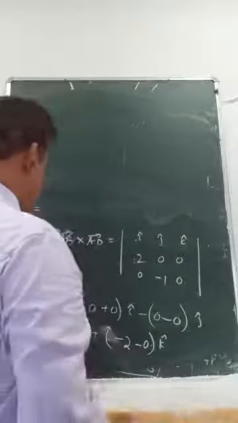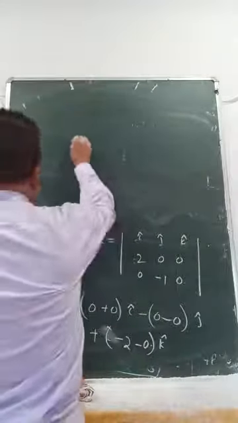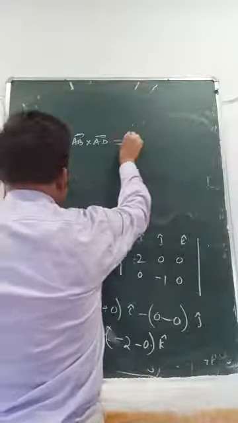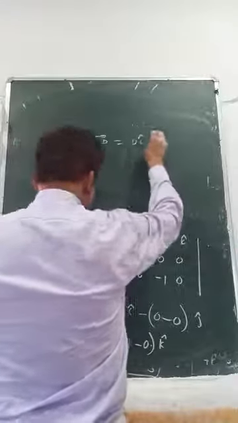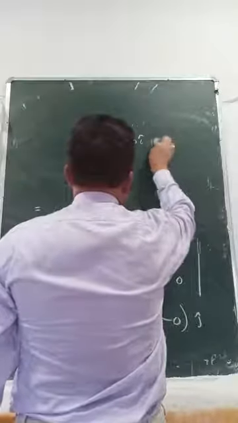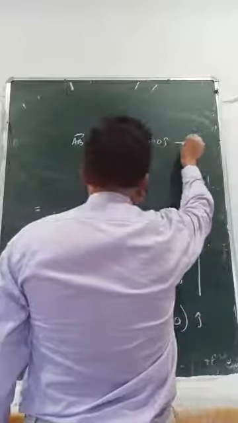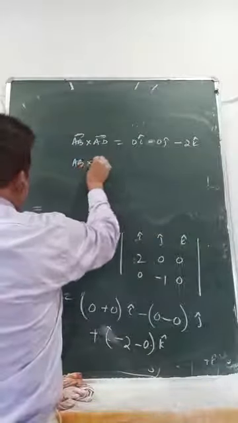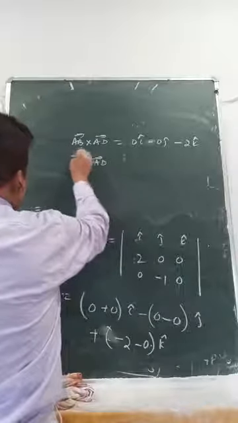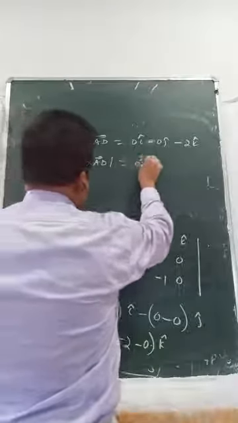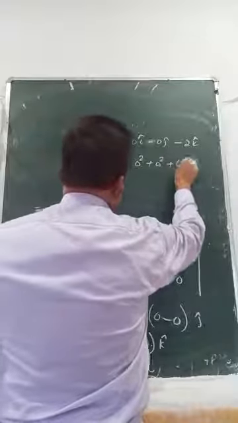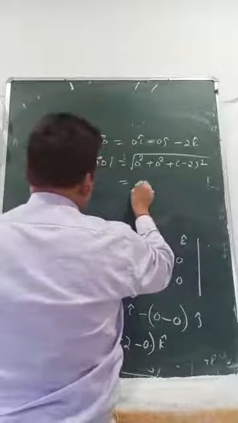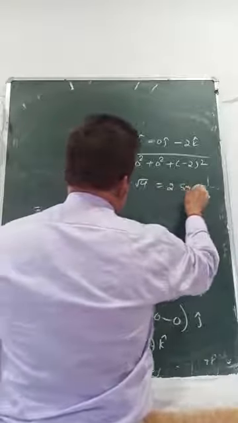So you are getting AB cross AD as 0i plus 0j minus 2k. Then the modulus of AB cross AD is the root of 0 squared plus minus 2 squared, so that is root 4, which is 2 square units.